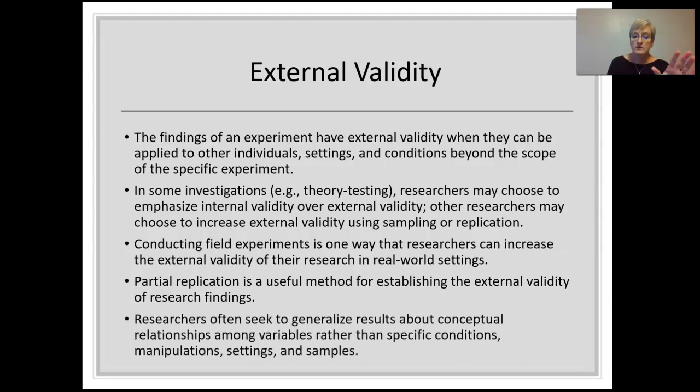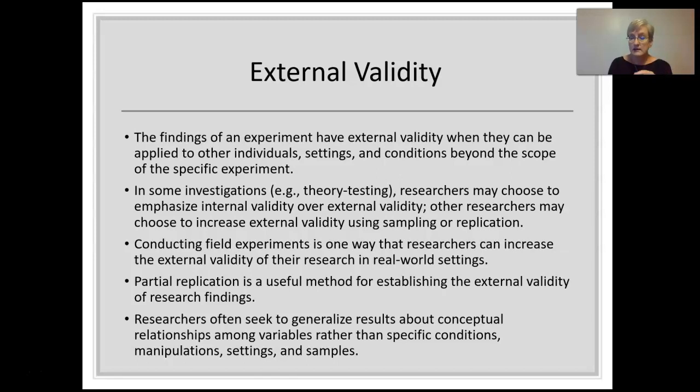Often our goal is to be able to generalize the results that we've tested experimentally. We want to take those findings and look at how they play out under specific conditions.